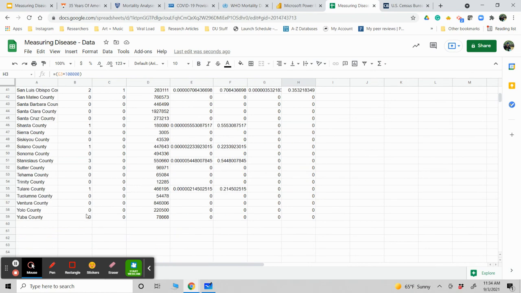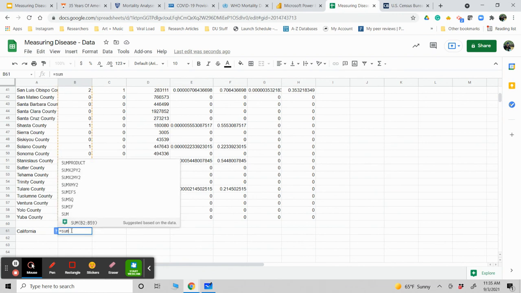We can also do things like adding up the total number of cases across the entire state, because what if we wanted to know the incidence rate and mortality rate of California overall? I'm going to make a new row down here, just call it California. And I'm going to start a new equation, equals. And I want to do all of the cases added up together.